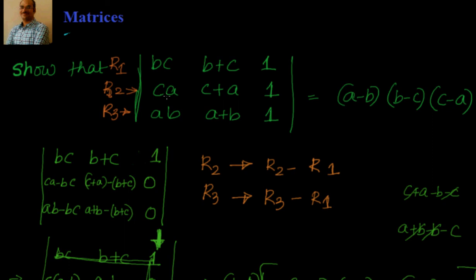I know a property that a row of a matrix can be subtracted or added with another row, and it will not change the value of the determinant. Our approach in determinants will always be like this: make as many zeros as possible. Once you make zeros, evaluating becomes pretty easy. We leave R1 as it is, R2 becomes R2 minus R1, and R3 becomes R3 minus R1.